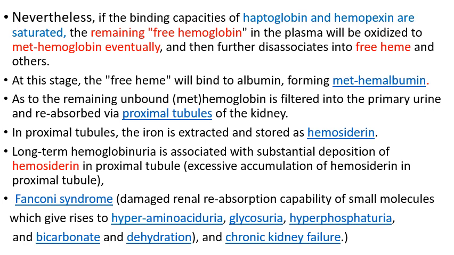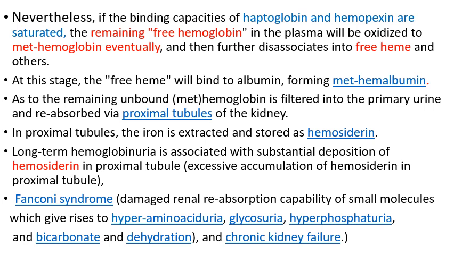Long-term hemoglobinuria is associated with substantial deposition of hemosiderin in the proximal tubule. There is excessive accumulation of hemosiderin in the proximal tubule, in addition to Fanconi syndrome. What is the meaning of Fanconi syndrome? When there is excessive accumulation of hemosiderin in the proximal tubule and excessive long-term hemoglobinuria, it will lead to damage of the renal reabsorption capacity of small molecules, which gives rise to what?